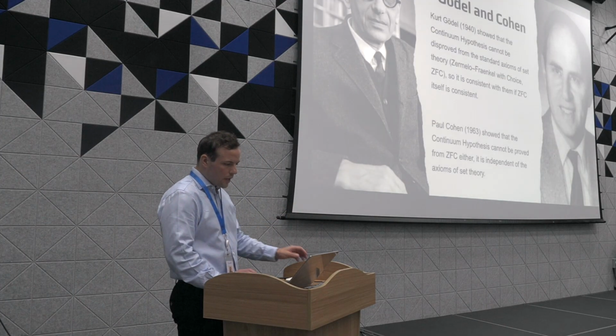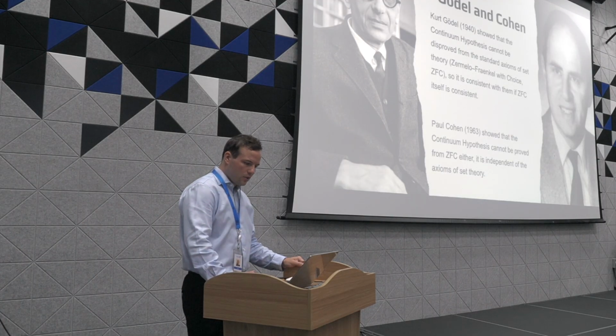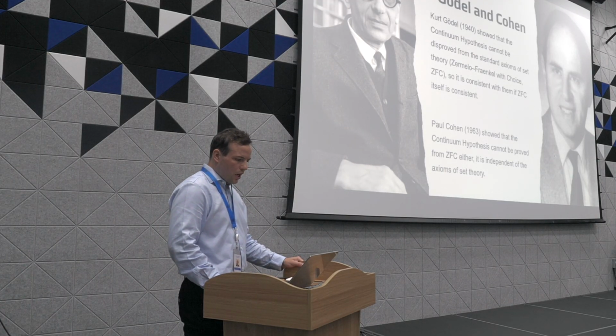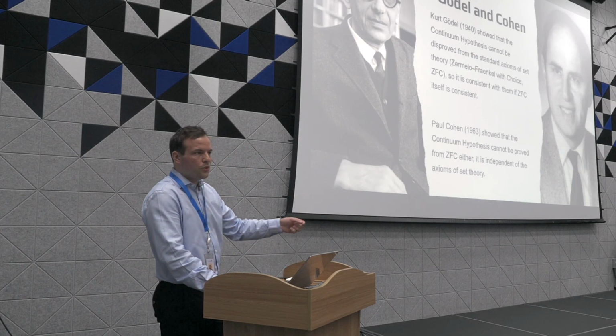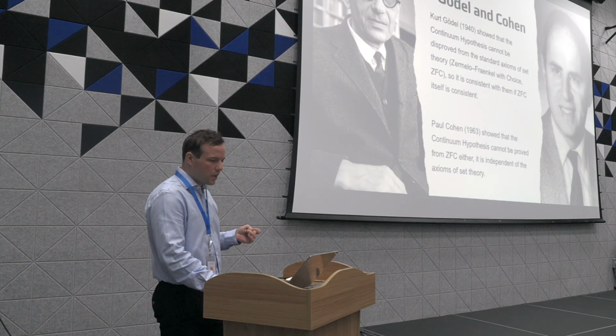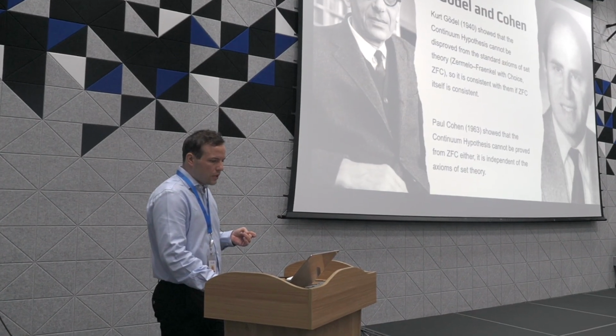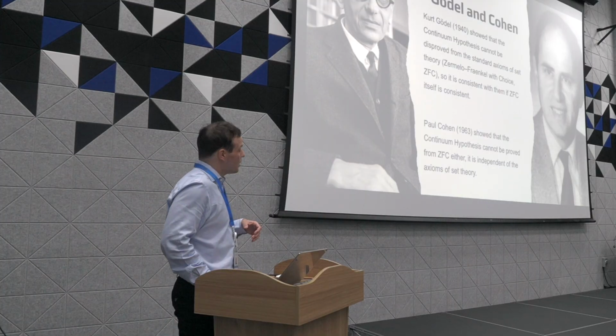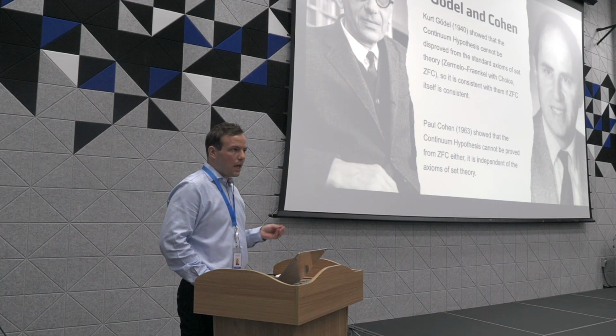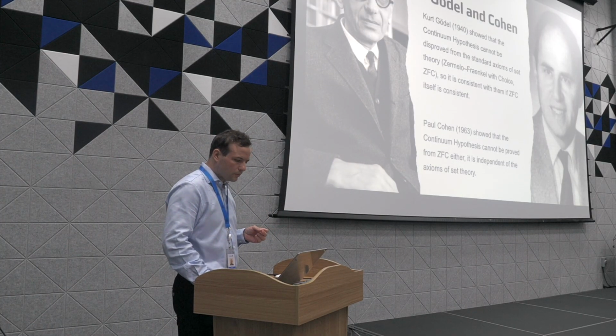And this baffled mathematicians for decades, until Gödel and Cohen showed that using standard set theory we can't prove or disprove this hypothesis. So firstly, in 1940, Gödel showed that the continuum hypothesis cannot be disproved within the standard axioms of set theory.